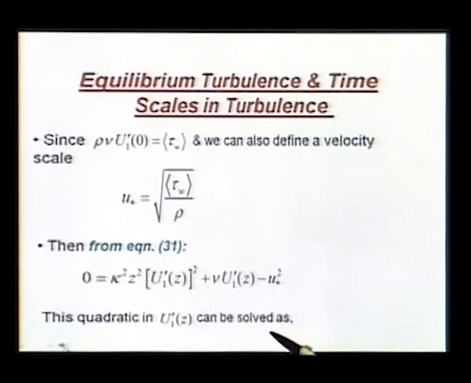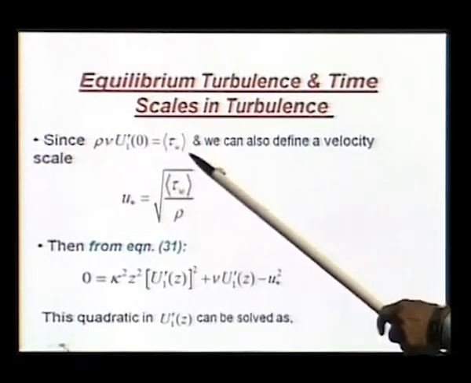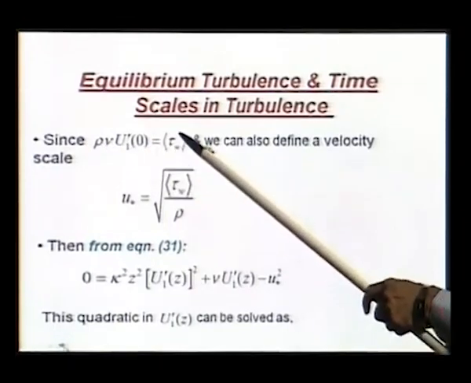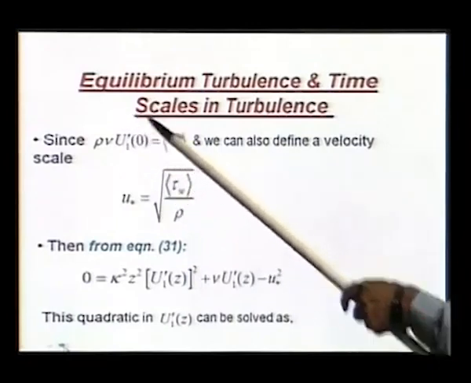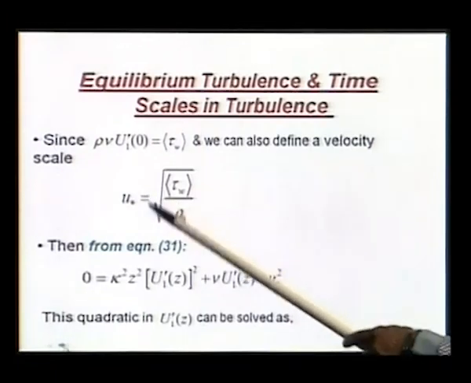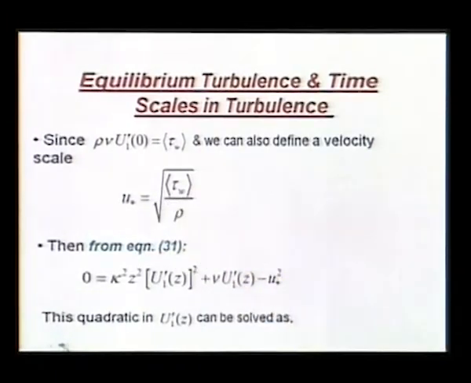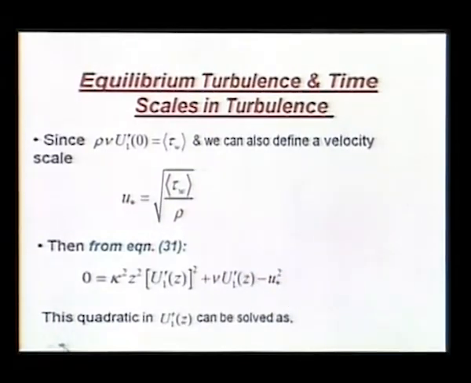So, what happens is, if I now bring rho on this side, tau w by rho gives you a velocity squared length scale. So, this is what is called the frictional velocity. U star is the frictional velocity, which is given as the square root of tau wall by rho.